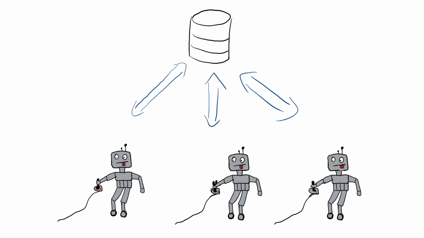There are multiple workers that all access the same database, and the database makes sure that they all access a consistent set of information, that there are no race conditions with file access, and that each time a worker asks for a new trial to be executed, it can be done in coordination with the other workers.